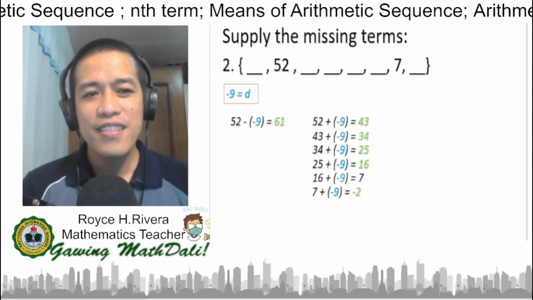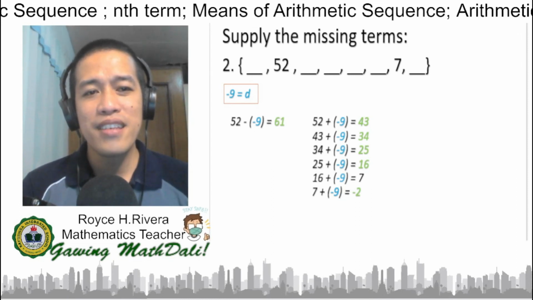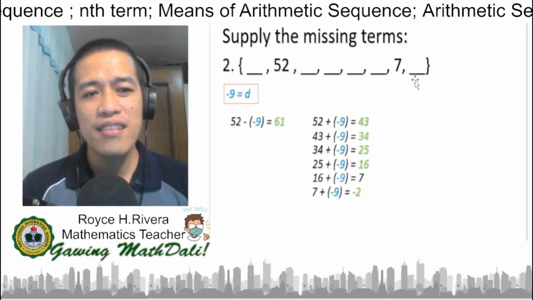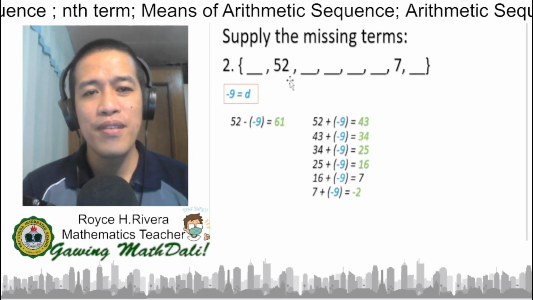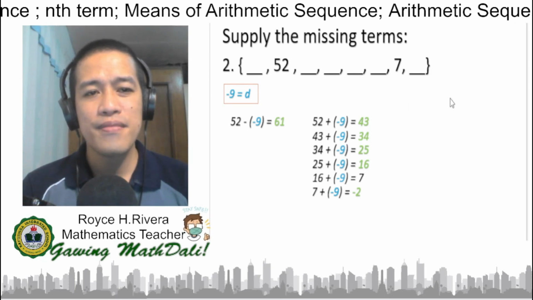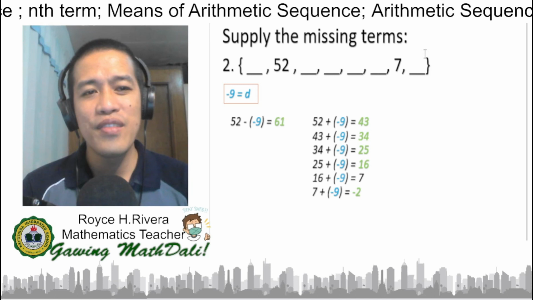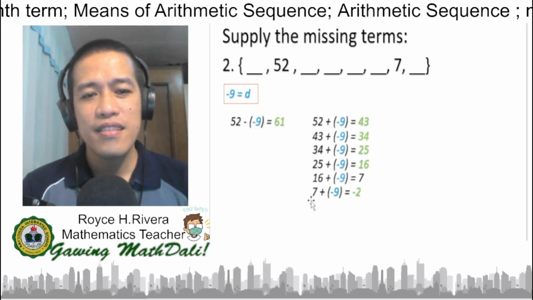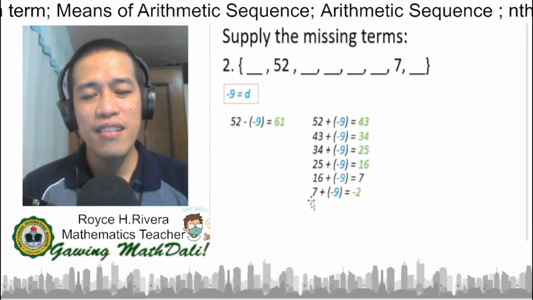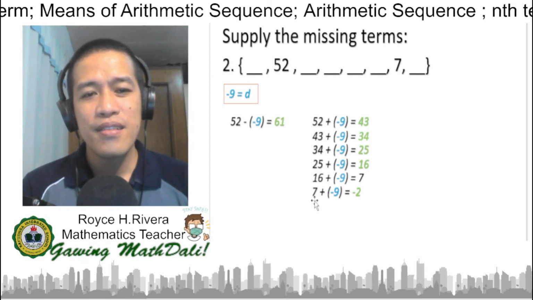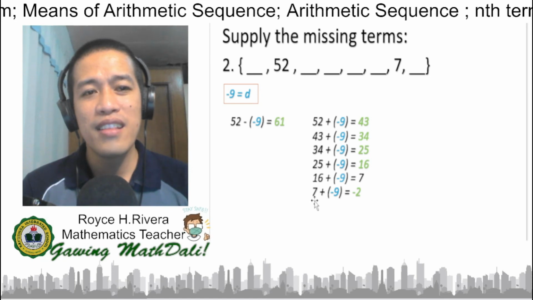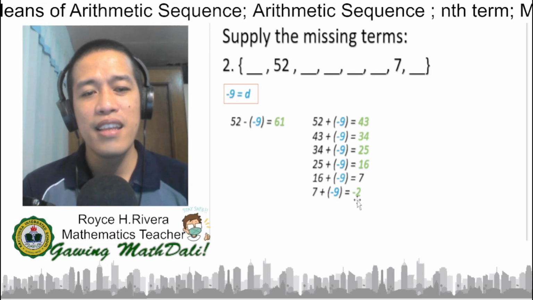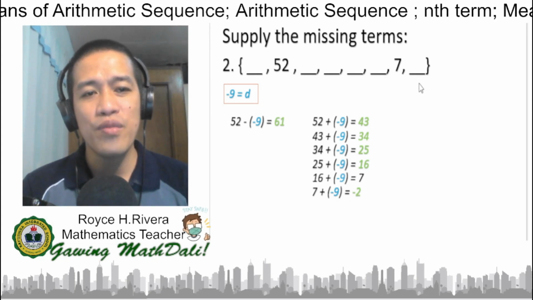Kaya lang, meron pang mga missing terms. The term after 7 and the term before 52. Unahin muna natin yung term after 7. To get the value of that term, all we have to do is to add negative 9 to 7. 7 plus negative 9 is negative 2.